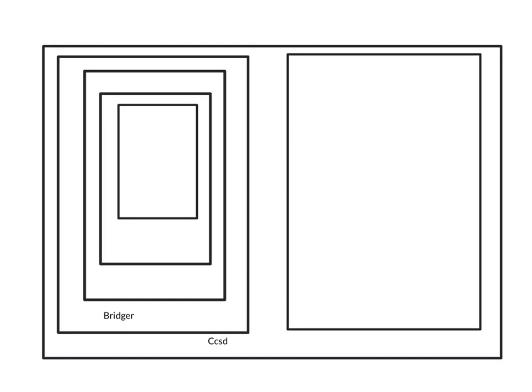So how we're reading this diagram so far is the big rectangle consists of CCSD. The rectangle that has the word Bridger in it represents all of Bridger's students. Bridger's students, or all of Bridger's rectangle, is inside of the rectangle for CCSD because Bridger is a part of CCSD.